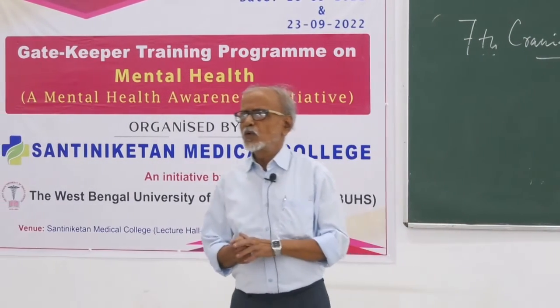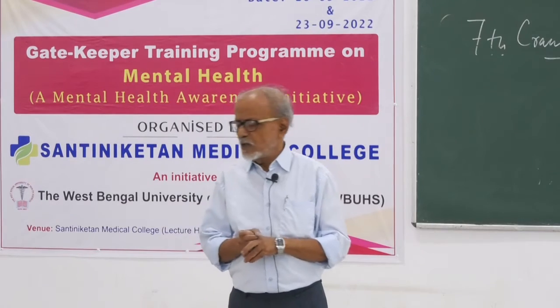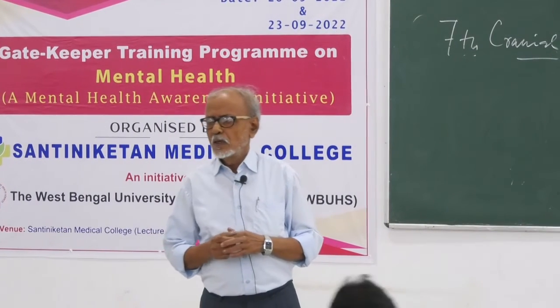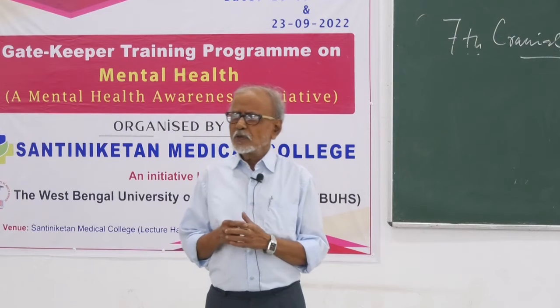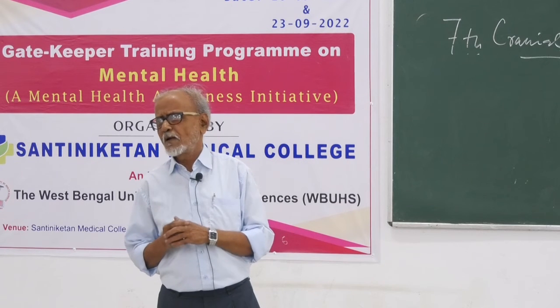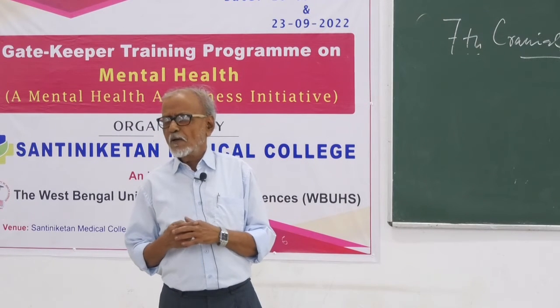Solitary nucleus, we all know, has neurons which serve for the special sense of taste. So what is the functional type of the solitary nucleus? The functional type is special visceral afferent, taste. Taste is obviously a sensation, so it will be afferent.